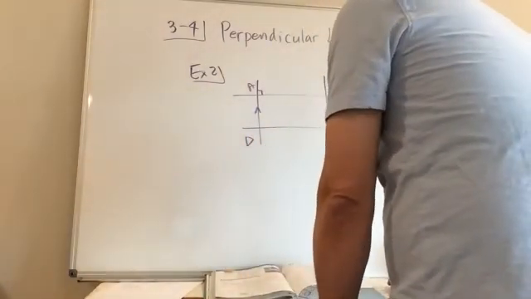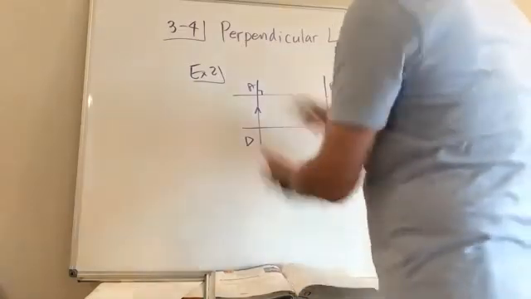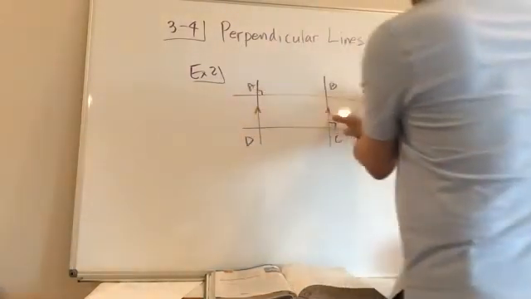Prove that these two lines are going to be parallel, right?